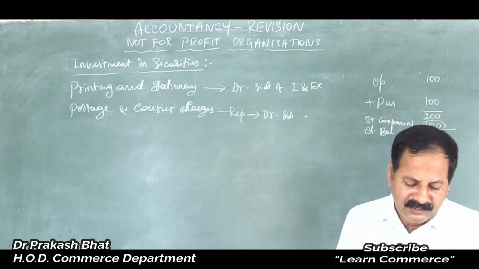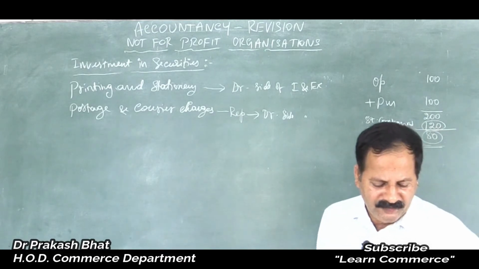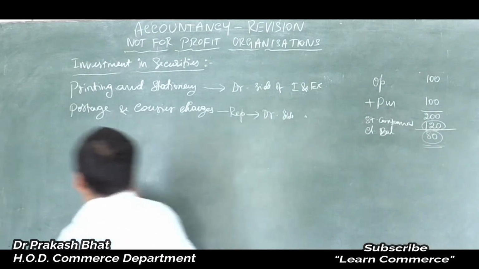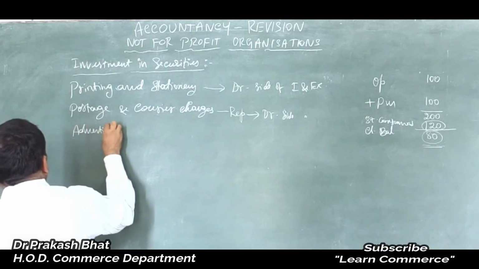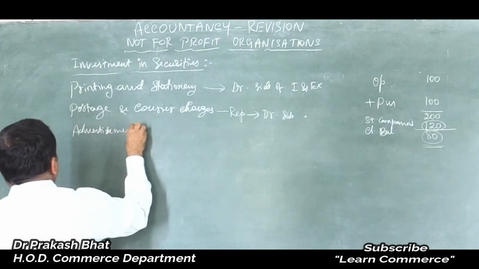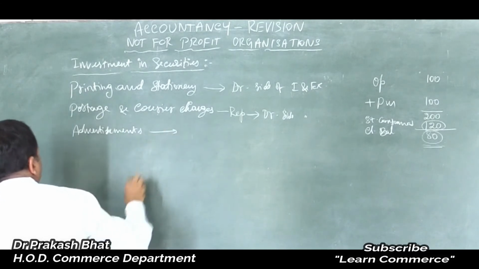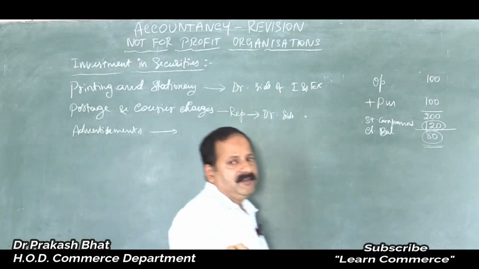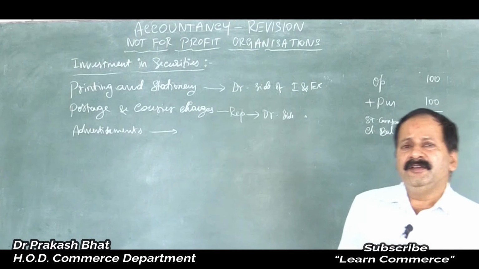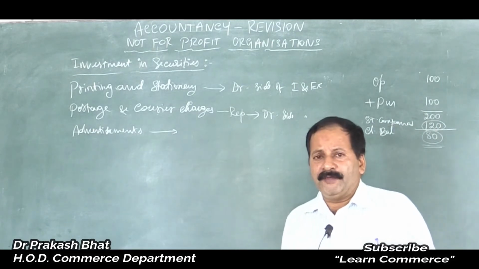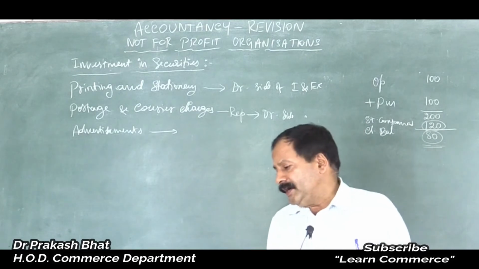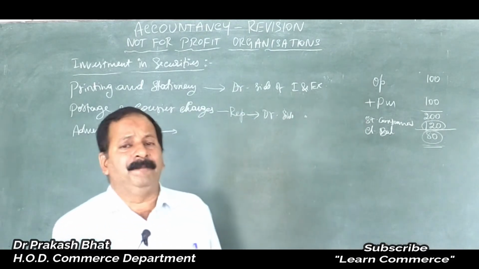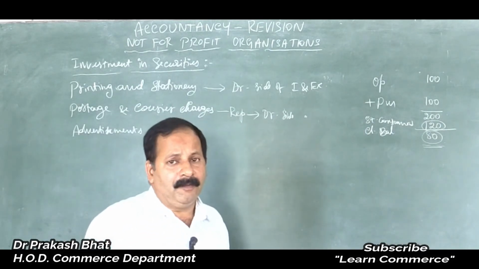Moving on to the next one, that is advertisements, right? Advertisements. Expense or income? Always an expense, right? Advertisement is frequent. If we give an advertisement once today, it is not enough. Again and repeatedly we have to give advertisement to create a lasting impression in the minds of the people.